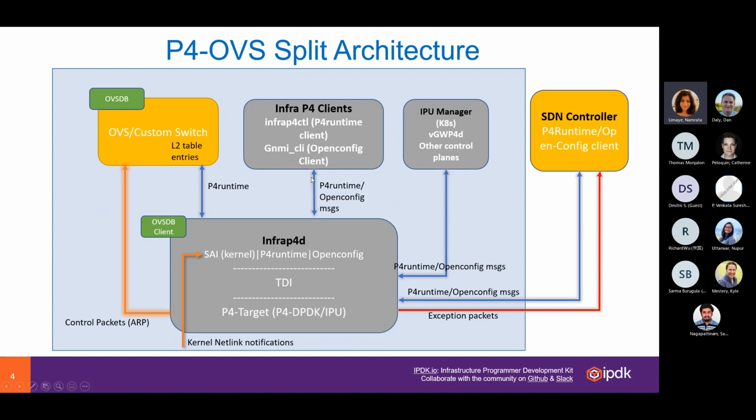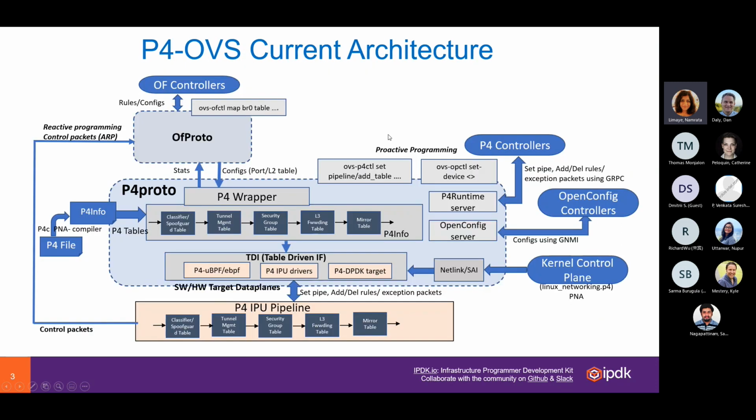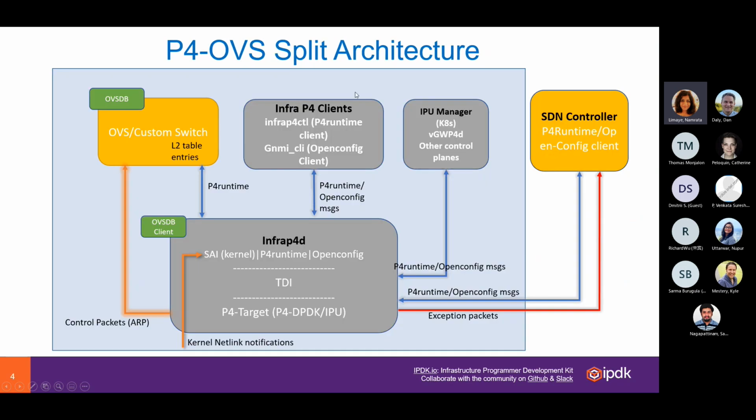We'd also developed some CLIs here, like the OVS P4 Kettle CLI that acts as a P4 runtime client, and the OP Kettle, what we call the GNMI CLI, for the open config client to add configurations via GNMI. These clients are going to be infra P4 clients. These are going to act as controllers, and will be able to program into P4 runtime and open config servers.